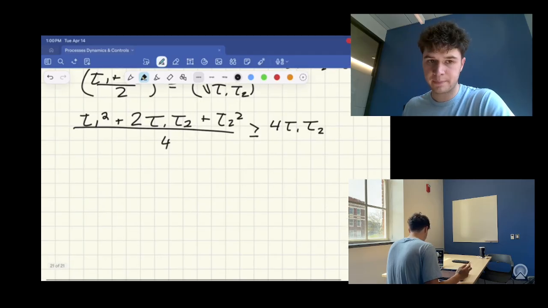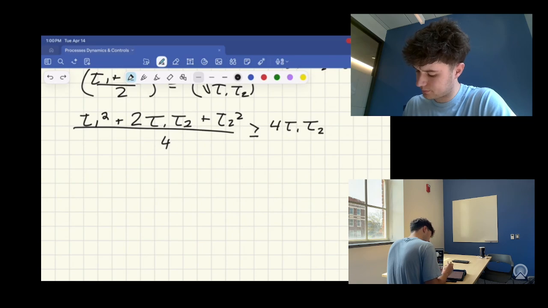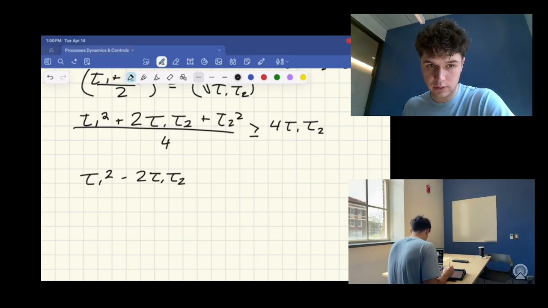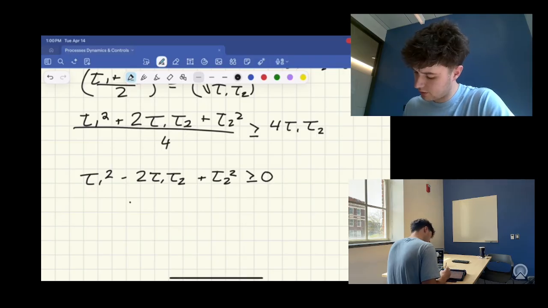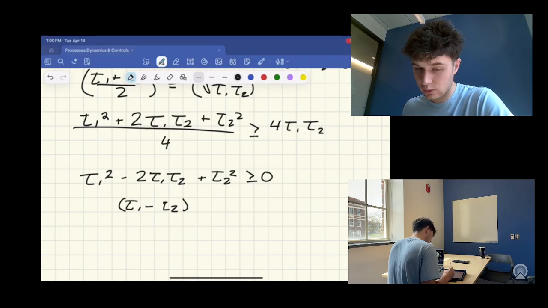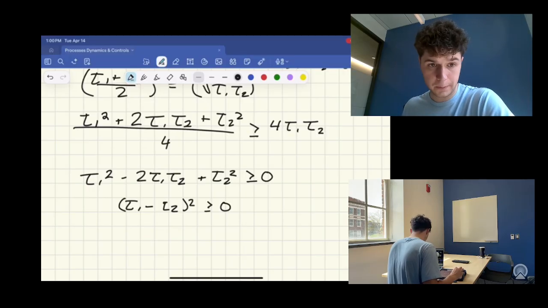I don't know why I put that there. And so then after rewriting this, you have tau 1 squared minus 2 tau 1 tau 2 plus tau 2 squared is greater than or equal to 0. So then finally, you have tau 1 minus tau 2, squared, is greater than or equal to 0.